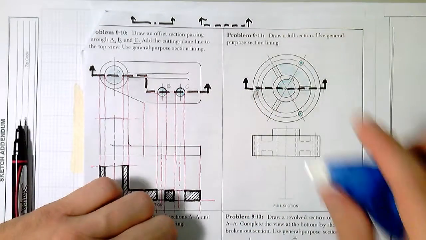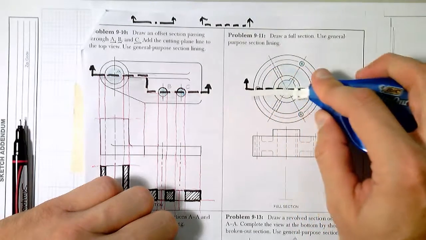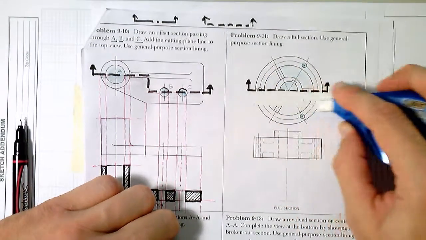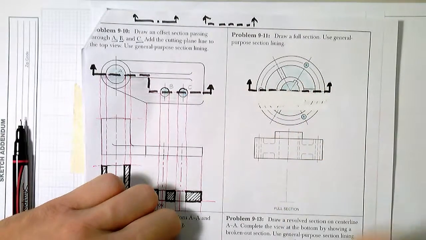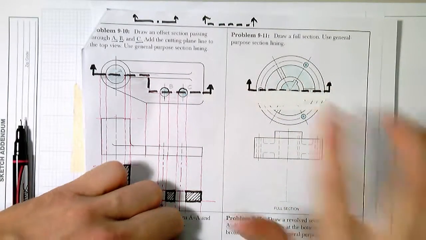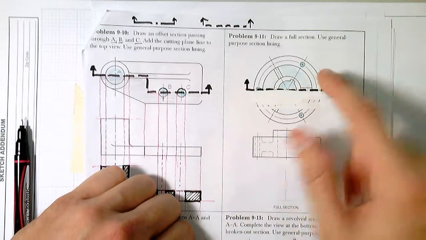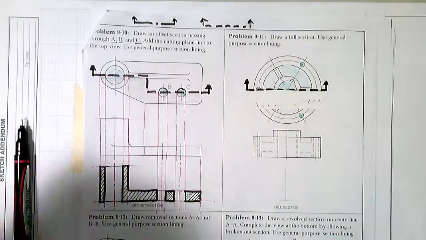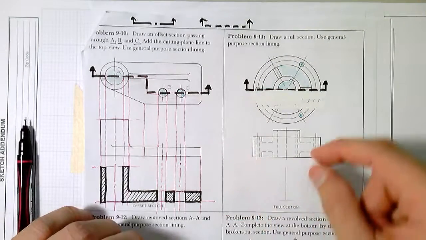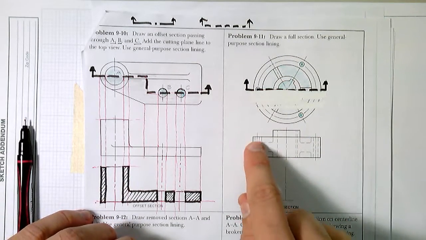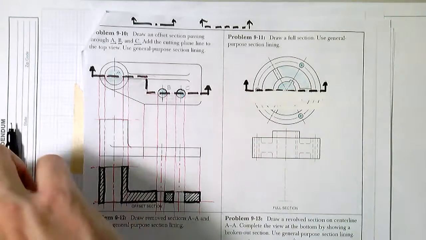It's almost like you are imagining this thing erased all the way through. Nothing left. So then what we'll do, now that we're looking at this object and we're only cutting through that portion, is use our side view, duplicate our side view down here on the section view, and then cut out and bold the important parts.